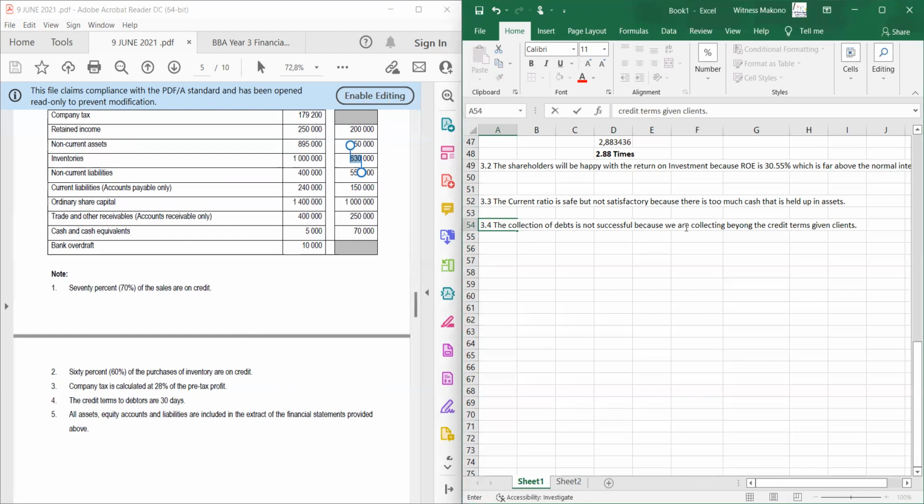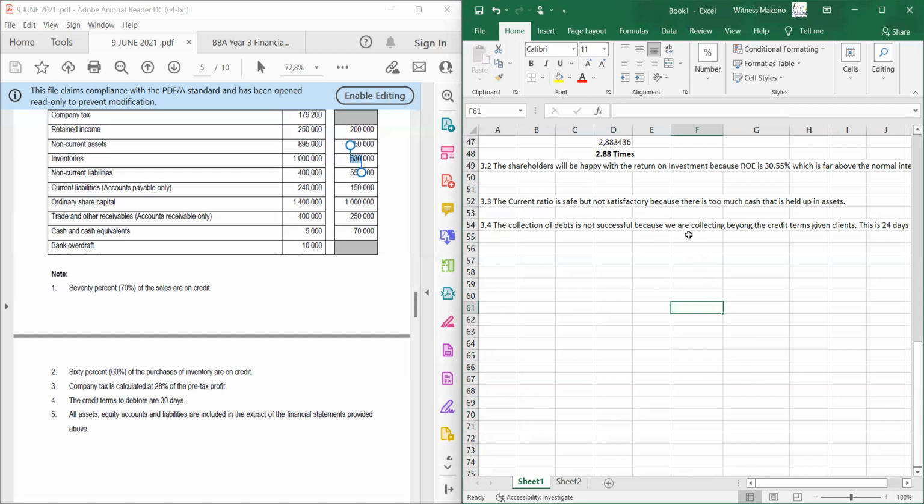Because it's 54, that means we are collecting some 24 days late. This is not good for a business. So this collection period is not good. We are collecting our debts late.